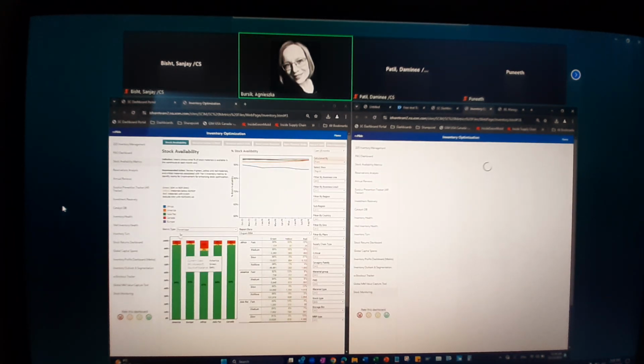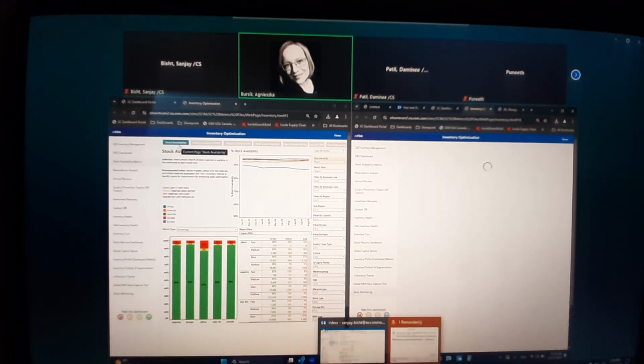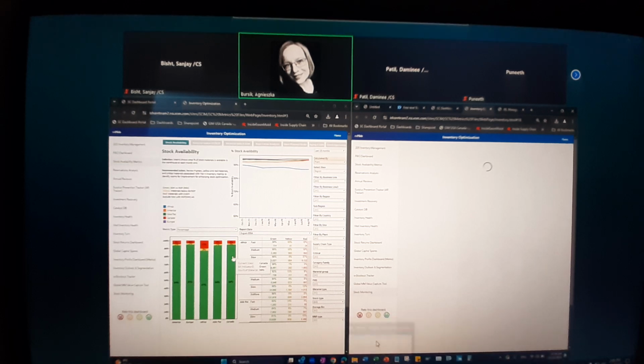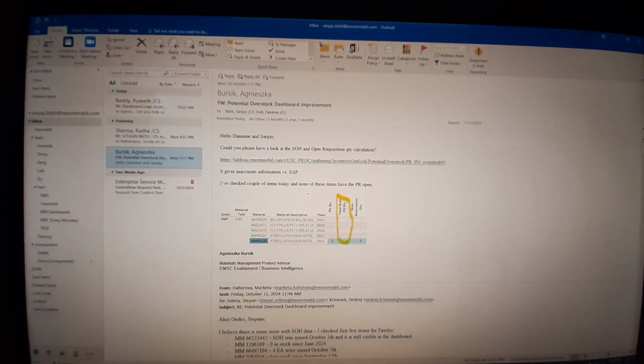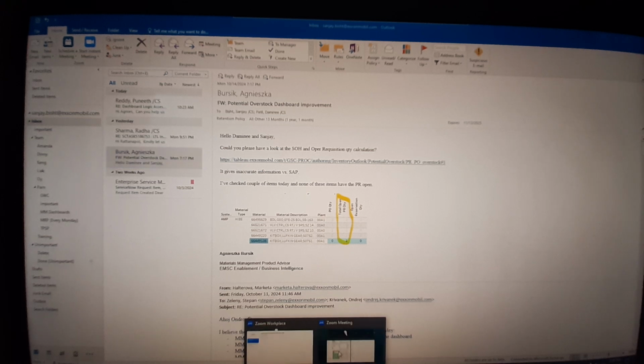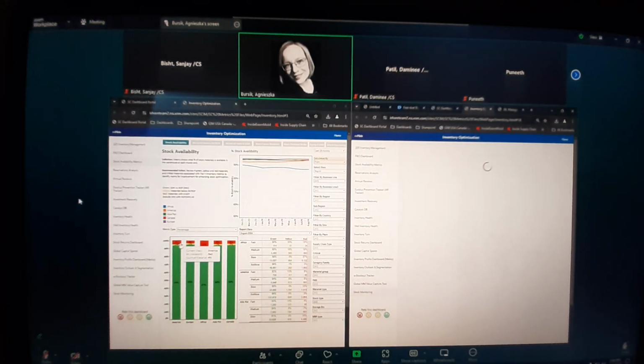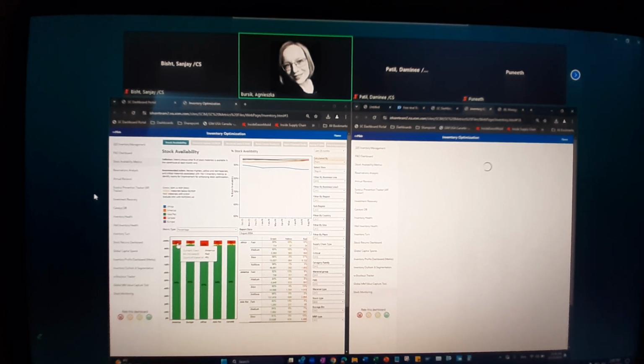So again, this is the original metric that we had, stock availability, and it shows the percentage of materials that are available and which are not available and how critical they are. Yellow shows material below set minimum, and green shows the ones where there is zero stock on hand.